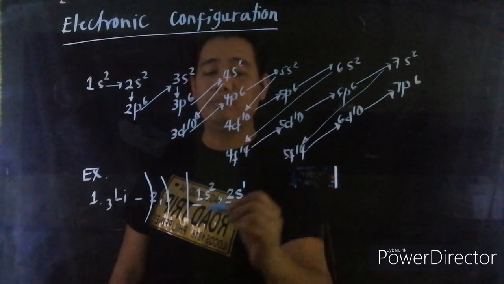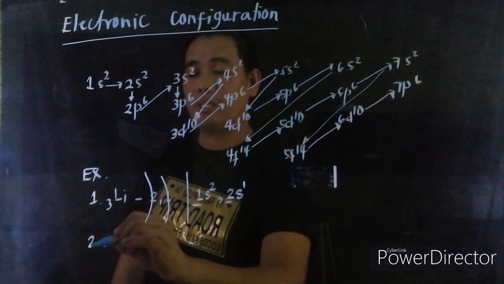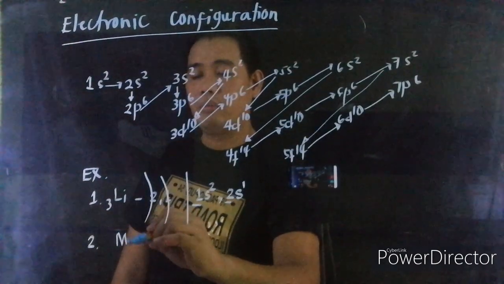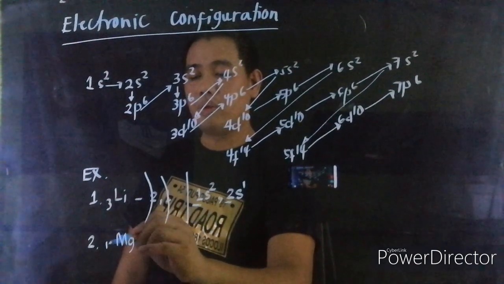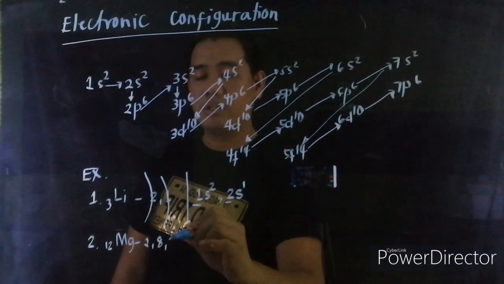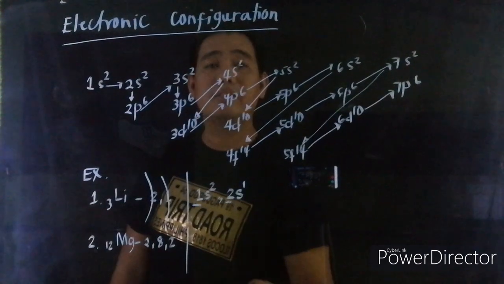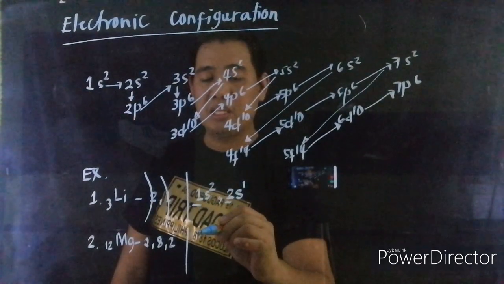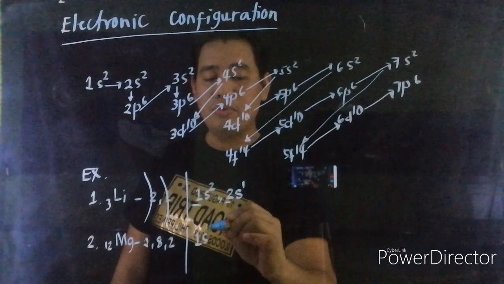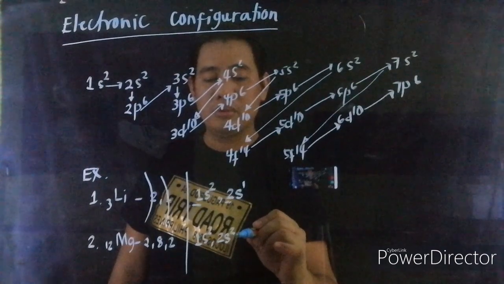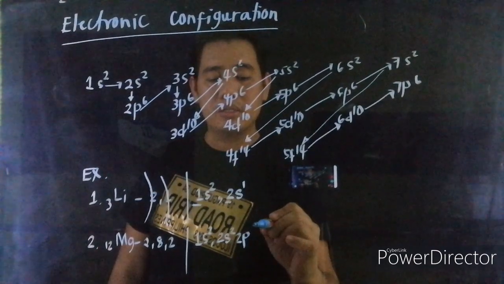Okay? Then, second example, we have magnesium, and that is 12. So we have 2, 8, 2. So let us have its electronic configuration. So we have 1s2, 2s2, 2p6.